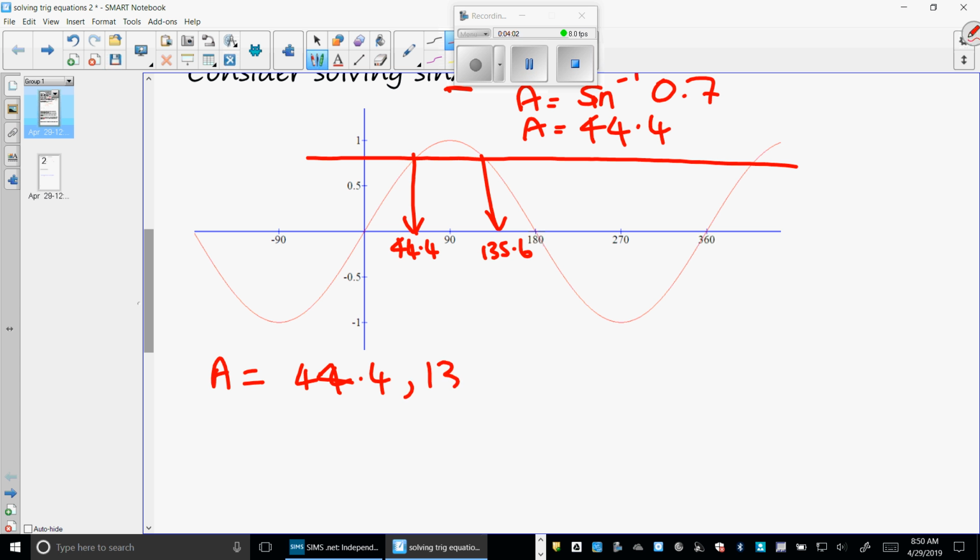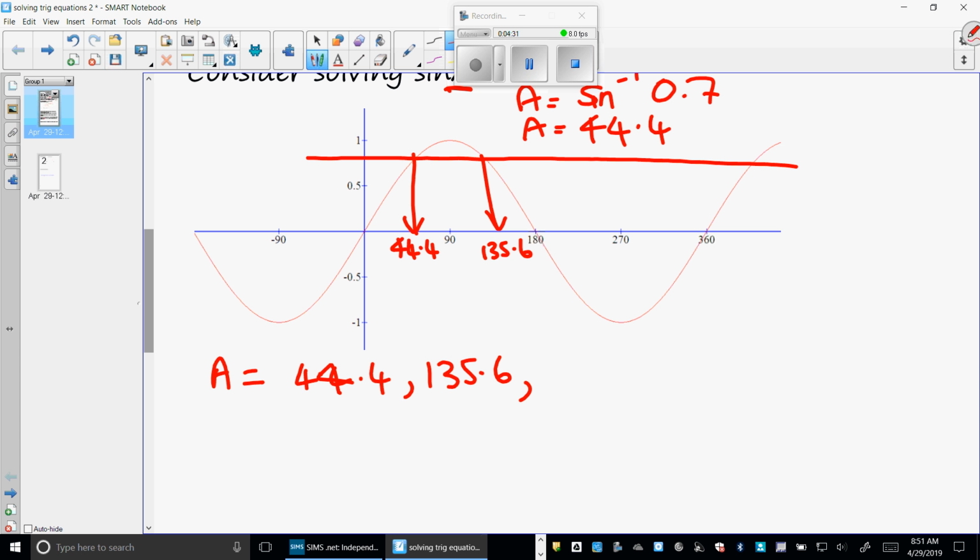So we know that A is 44.4 and 135.6. If I know I need 6 solutions, I'm going to find the next results. What was our method to find any more results? Add a period. So we're adding 360. Add 360 to both of these 2. Are we going to use A, B, C, D?